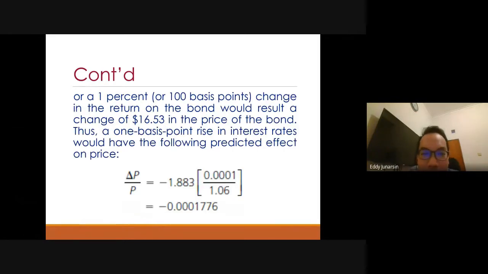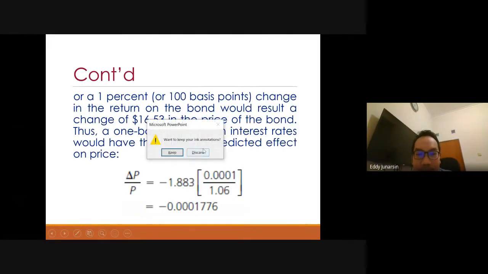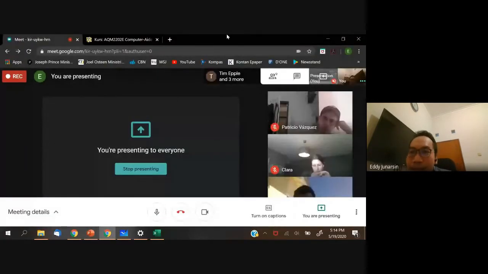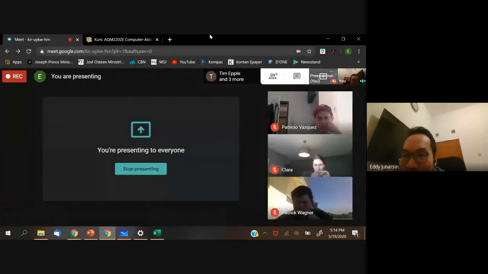Any question about this one? The delta P per P and delta P. Quite clear, right? In terms of the application. So once again, they measure the same thing, but in different styles.